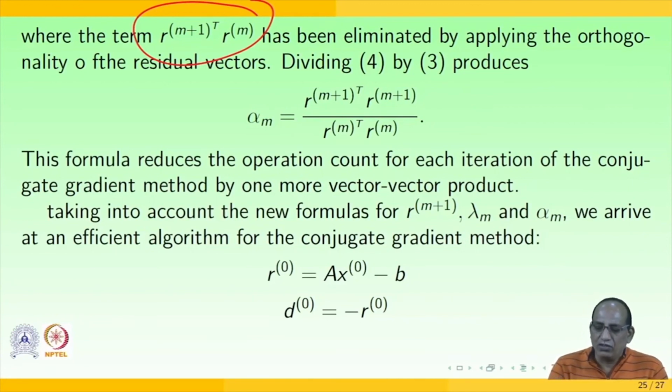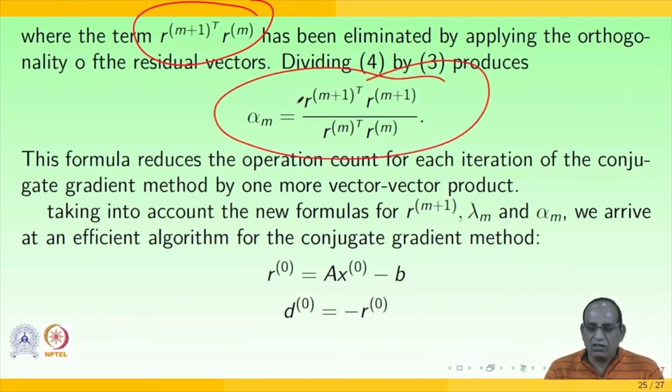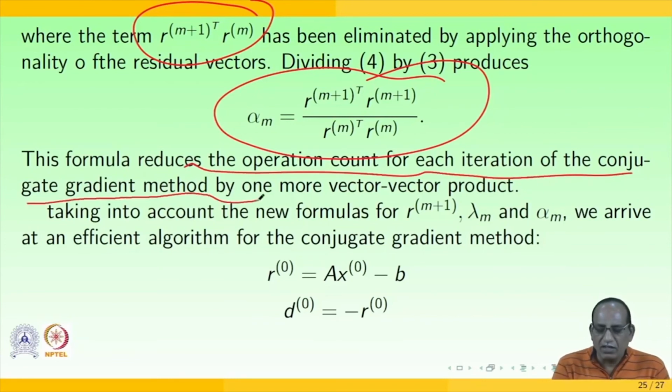Dividing 4 by 3, you get alpha m is r of m plus 1 transpose r of m plus 1 upon r of m transpose r of m. This formula reduces the operational count for each iteration of the conjugate gradient method by one or more vector products.